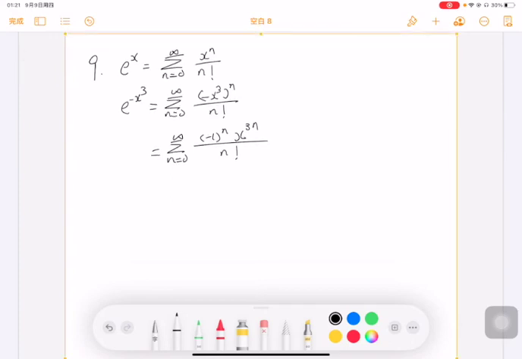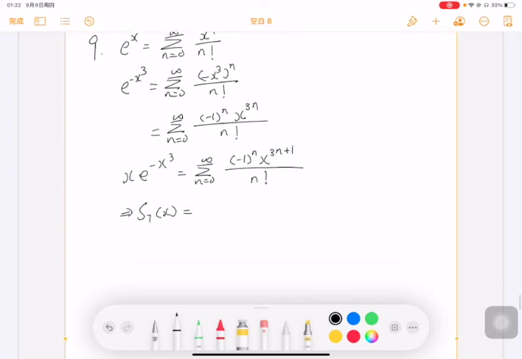Okay, and therefore x times e to the minus x cubed equals the sum from n equals 0 to infinity of minus 1 to the n times x to the 3n plus 1, because we have an extra x here, divided by n factorial. And therefore, the 7th degree Taylor polynomial is, well, the 0th order term is plugging n equals 0, we get x.